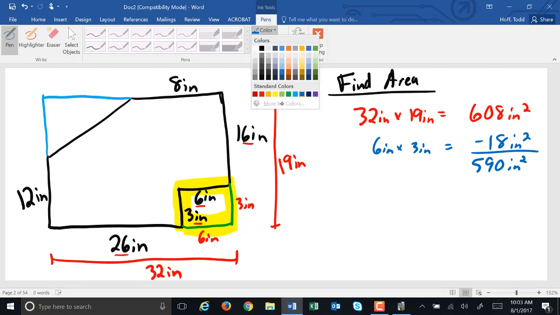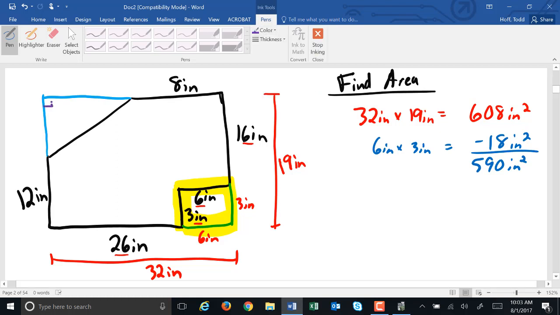Up here, however, we need to know some dimensions. What's that dimension right there going to be? 7 inches, yes. The 19, which is the whole thing, minus the 12 that's there. How about here? 24 inches, very good.